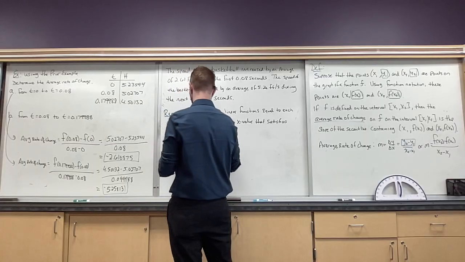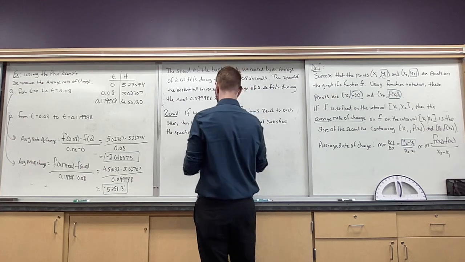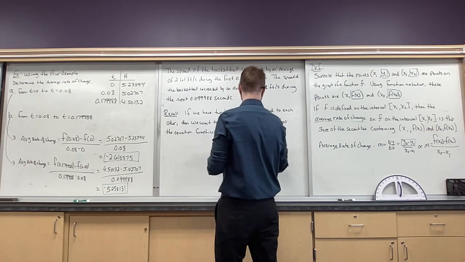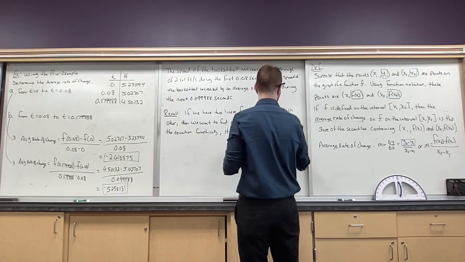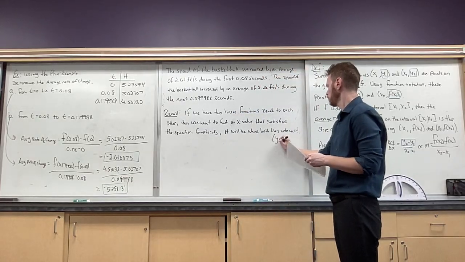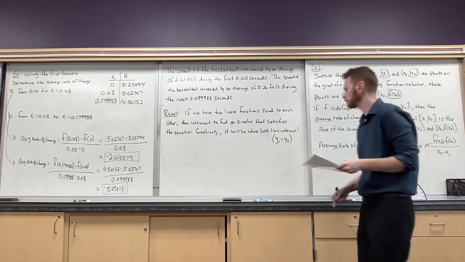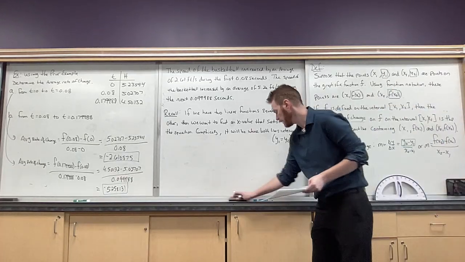Graphically, it will be where both lines intersect. Okay, so that's when y1 equals y2. So you have two linear functions that are equal to each other. That corresponds to the graphs colliding with each other.